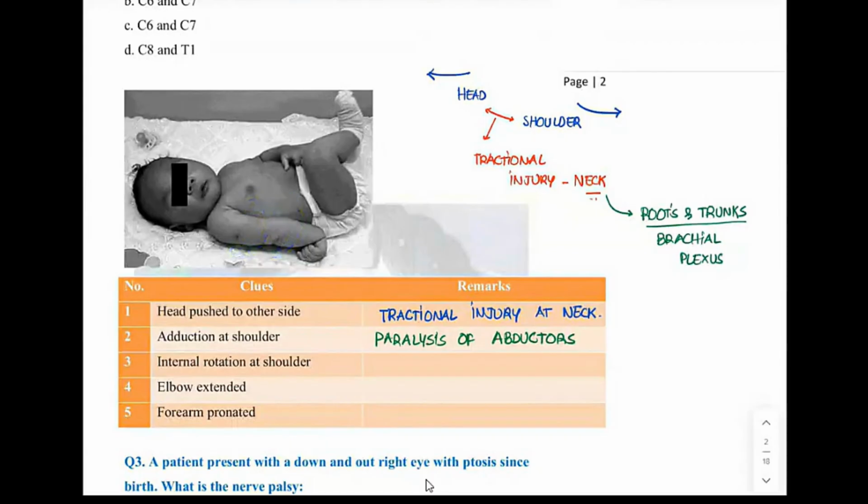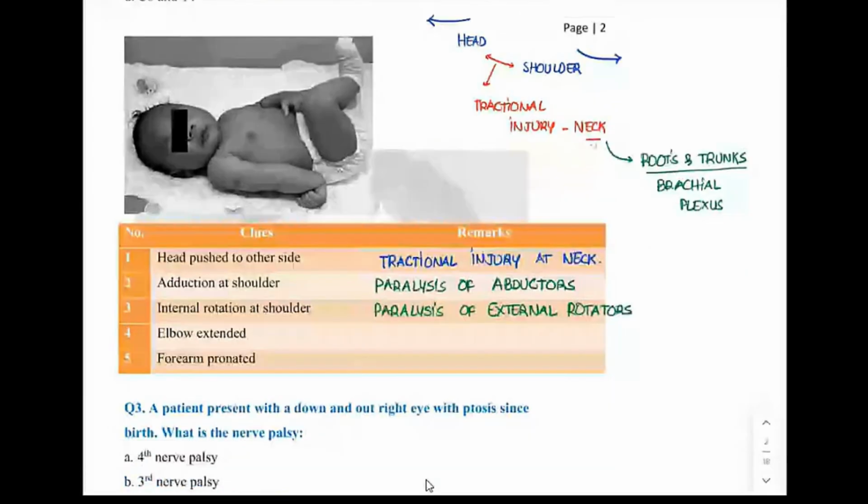So it means there is paralysis of external rotators. That's why the internal rotators are more powerful and they are pulling the upper limb in the direction of their action. Then thirdly, the elbow is extended straight like this. So what does this mean? It means there is paralysis of elbow flexors.